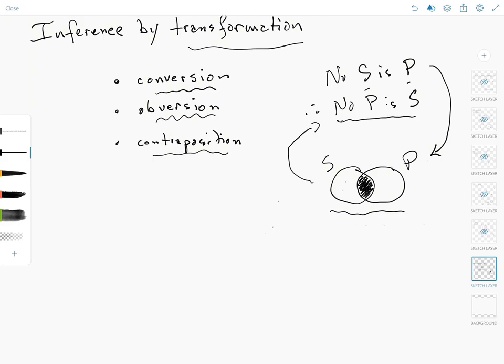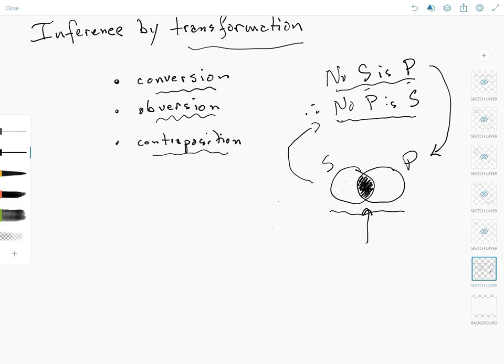Well, remember from our discussion of the square of opposition, what would make no P is S false is for there to be something in the region that is shaded out. In other words, if no P is S is false, then it must be the case that there's at least one P that is an S, right? But as you see, that's impossible in the diagram because of the shading.